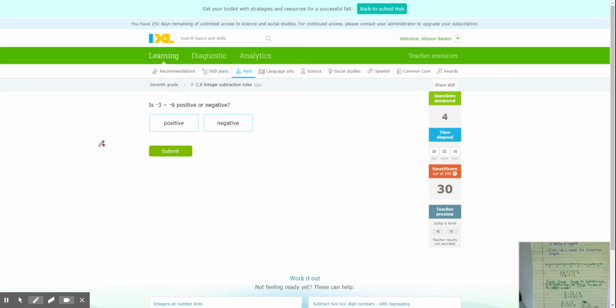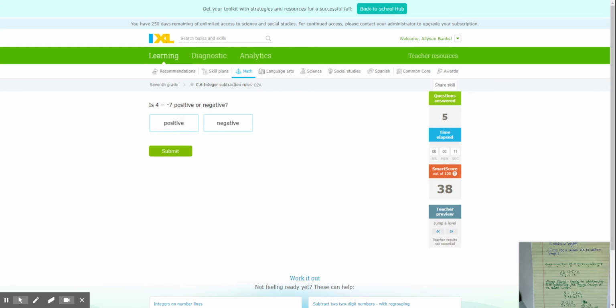There again, if you have taken away something negative, then you are basically adding something positive. So if you take away a negative, add the opposite, or change. So negative 3, positive 6. Positive 6 has a greater absolute value than negative 3. So that means the number is going to be positive because your positive 6 is greater.